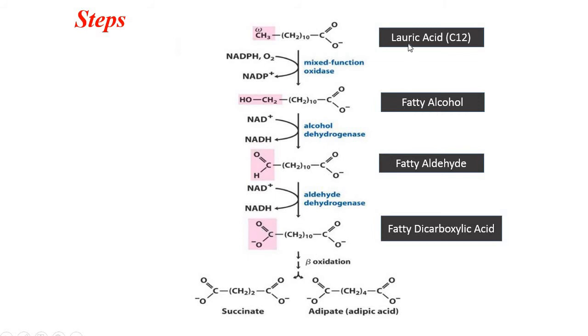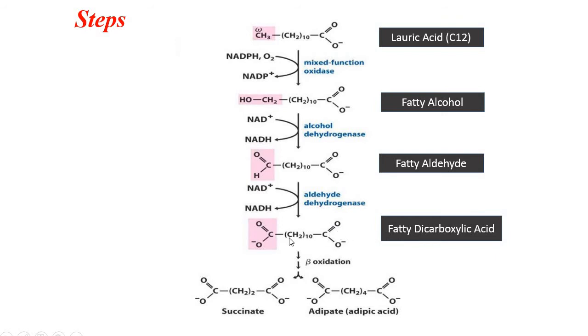So when we oxidize lauric acid, we get a fatty alcohol, then a fatty aldehyde, and then a fatty dicarboxylic acid because of the two carboxylic acid groups at each end.